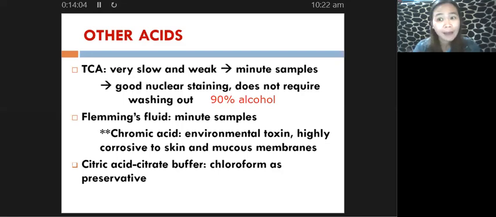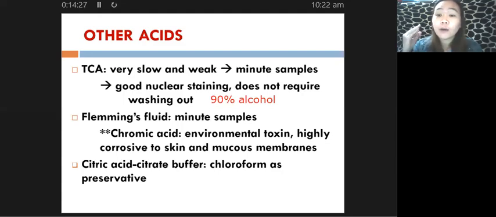All right. So I have mentioned a lot of reagents already that you can use for fixation and decalcification. So ano yung mga yon? Yes, let us try to remember. Okay, number one, formic acid. Okay, another, we have Carnoy's.